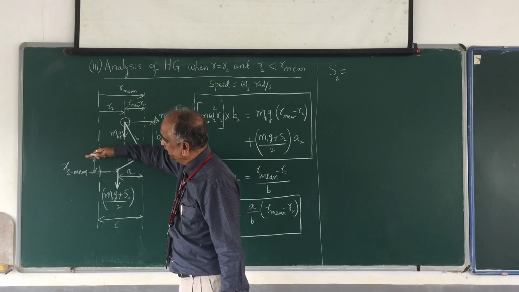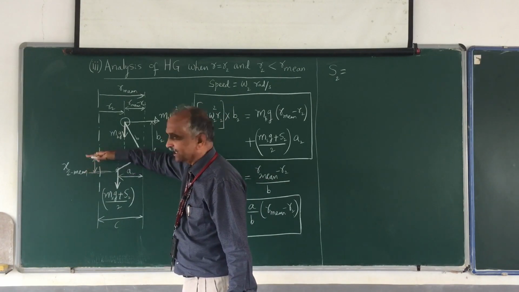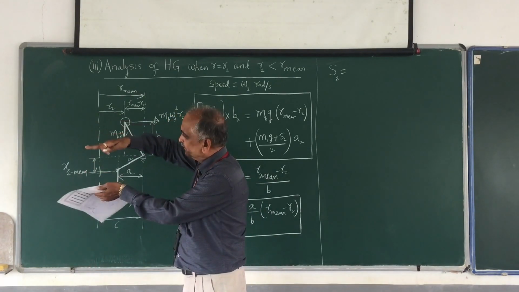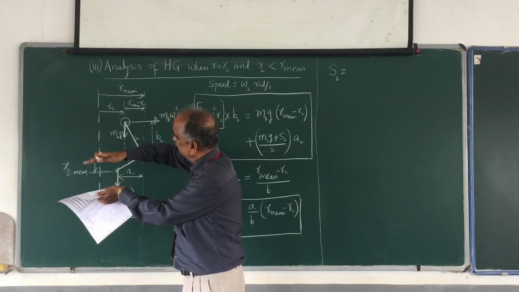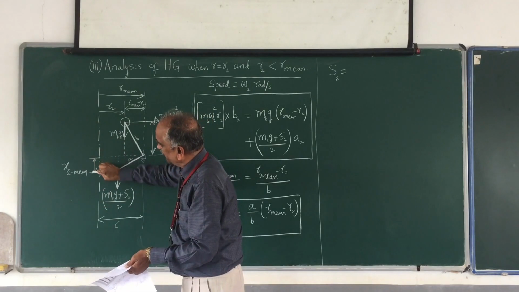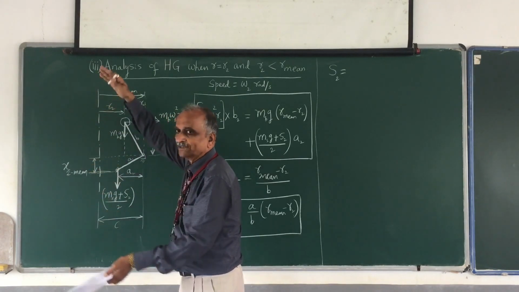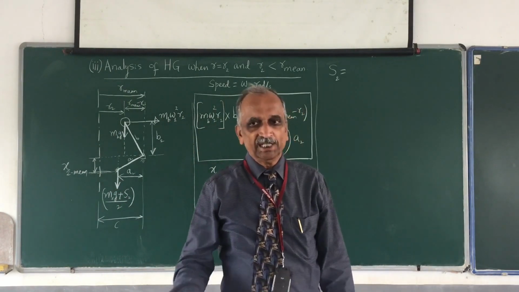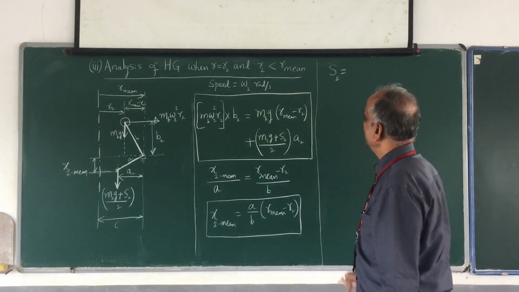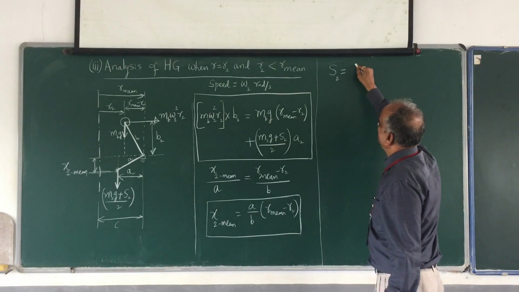Compared to the mean position, the sleeve has come down. That means the spring, which was compressed, has by the time it comes here a decreased compression. Therefore, S2 is less than S mean.